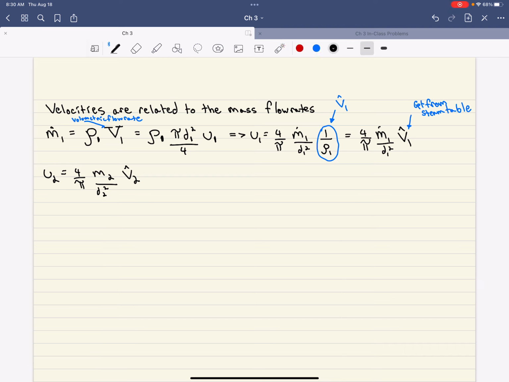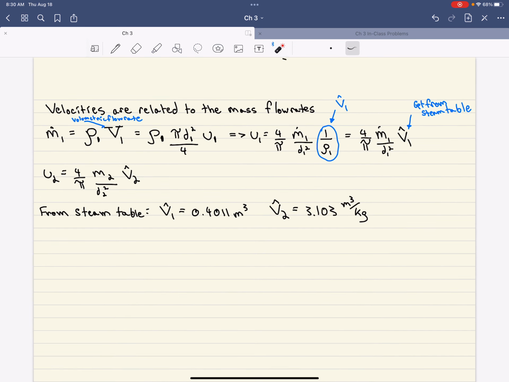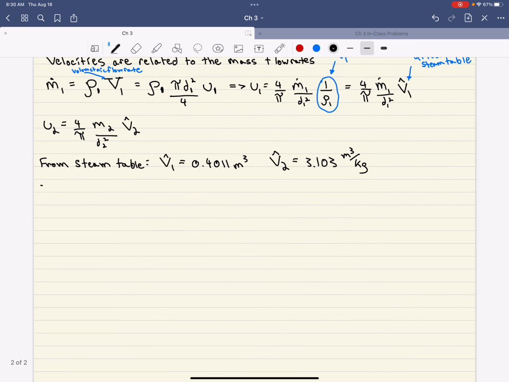Let's write those things down. V1 hat is equal to 0.4011 meters cubed per kilogram. V2 is equal to 3.103 meters cubed per kilogram. Now that we have those specific volumes, we could just go to our equations, plug in, and get U1 and U2.